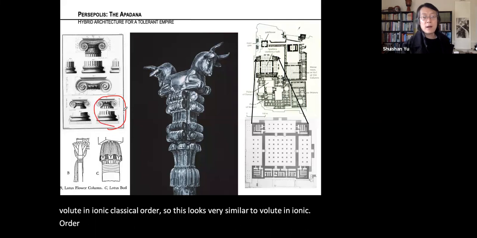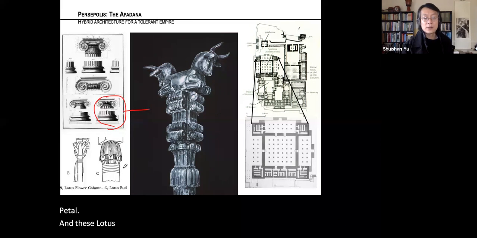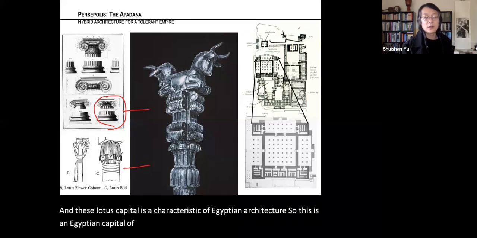This is the Greek heritage. And below that, we have this kind of lotus petal. And this lotus capital is a characteristic of Egyptian architecture. So this is an Egyptian capital of lotus. In Egypt, there are two major capital styles, the lotus capital and the papyrus capital.